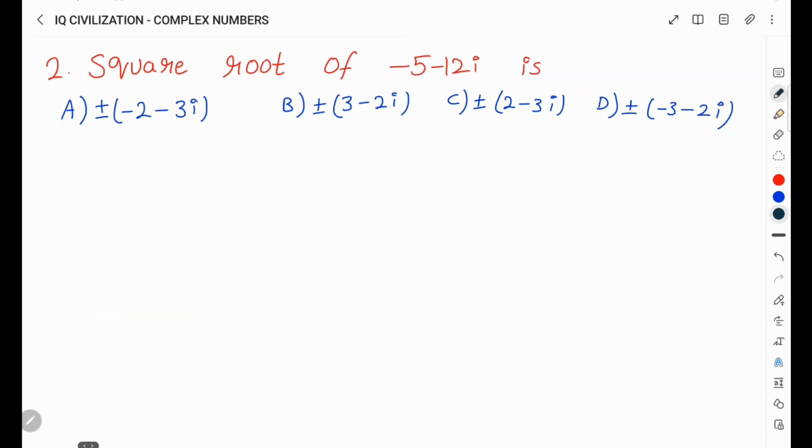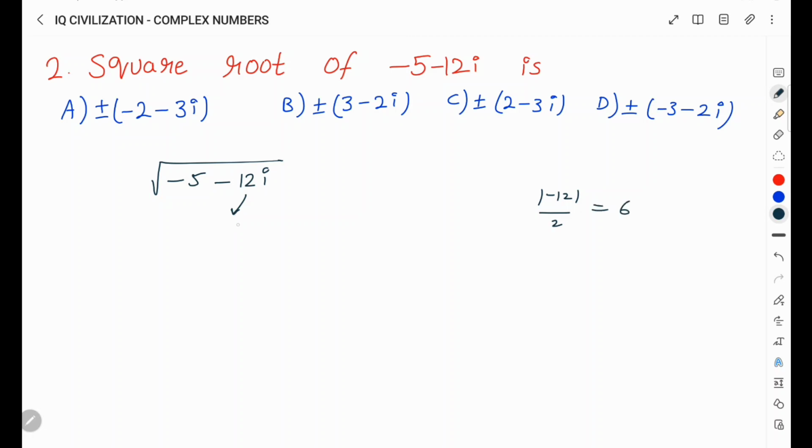Next. See again a similar model. Square root of minus 5 minus 12i. I already told you we need to find mod y by 2, which is 6.